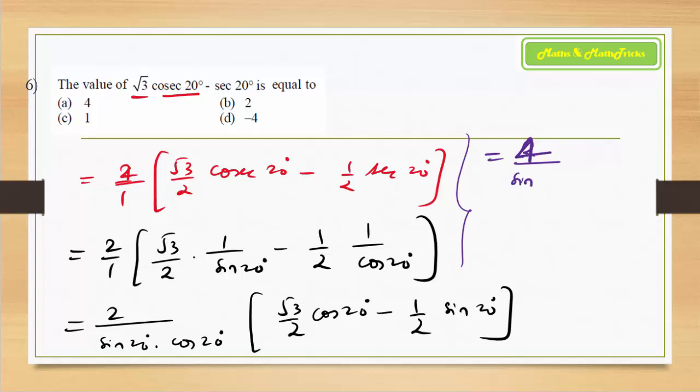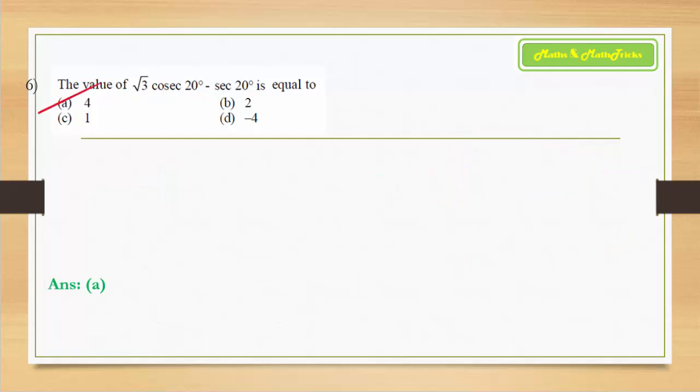The bracket: root 3 by 2 you take as sine 60, times cos 20, and this half is cos 60. So it becomes sine A cos B minus cos A sine B, which is sine of A minus B, that is sine of 60 minus 20. Sine 40 gets cancelled, and hence the answer is again option A with the value 4.